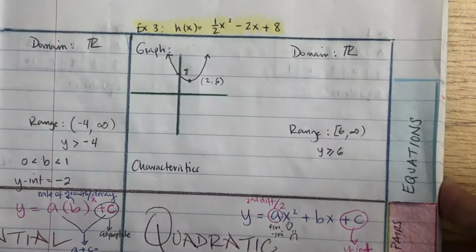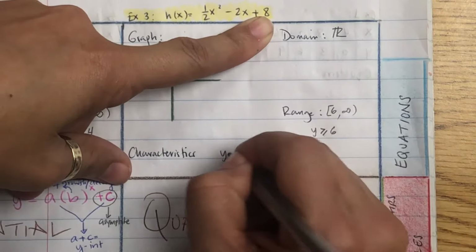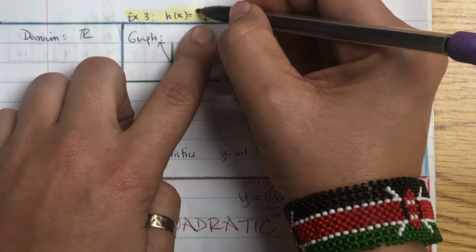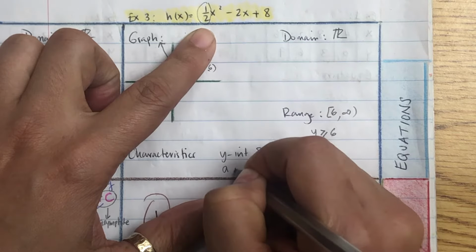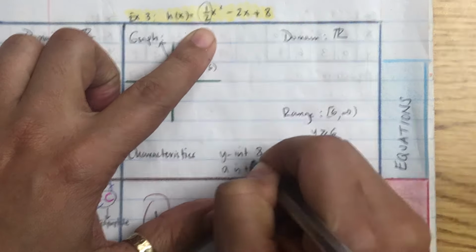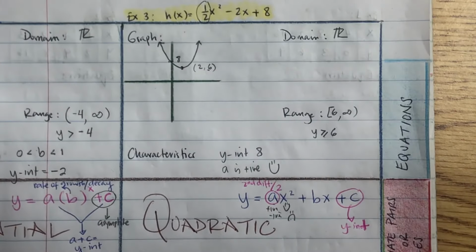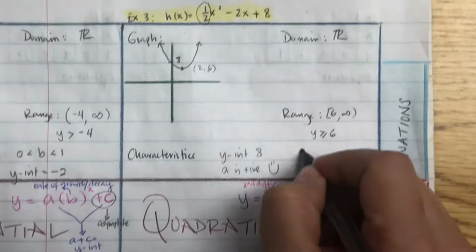All right, what characteristics can I see from this equation here? I see right here, my y-intercept is 8. What else can I see? That my a is positive, which means it's a smiley face. So my graph looks like that. And I also ended up finding the vertex, so I can write that down.